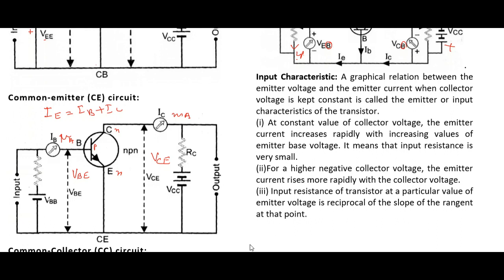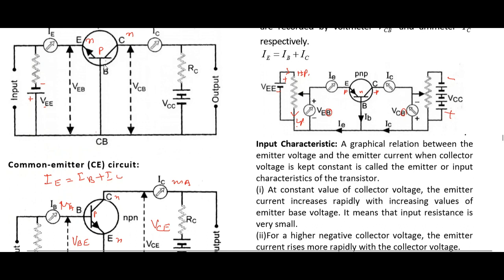Here we have emitter common, so we have VBE. Here again emitter common, VCE is the output voltage and VBE is the input voltage. In this part, base is common, so VEB is the input voltage and VCB is the output voltage. The terminal which is common, its symbol comes in the end.